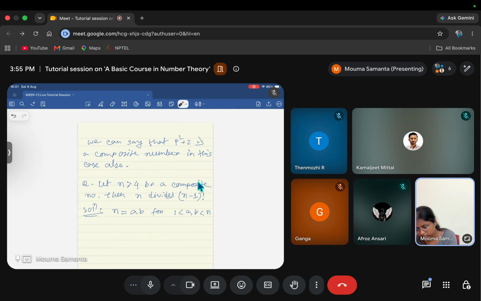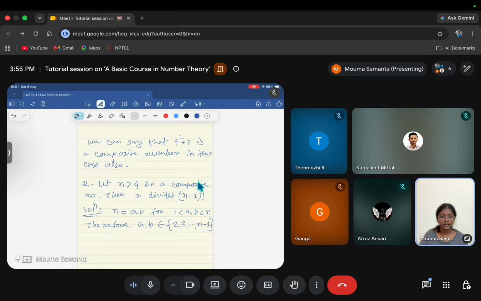Therefore a and b belong to the set 2, 3, up to n minus 1. Neither a nor b can be n, because if one is n, then the other has to be 1. That is not possible, and that is not the definition of composite number. So a and b will be among these integers 2 up to n minus 1.